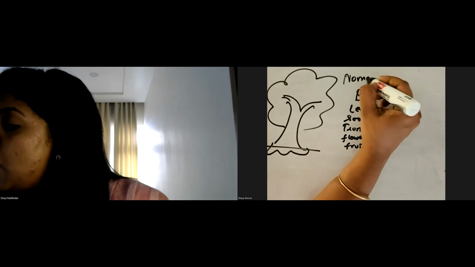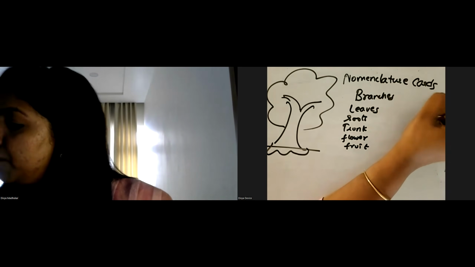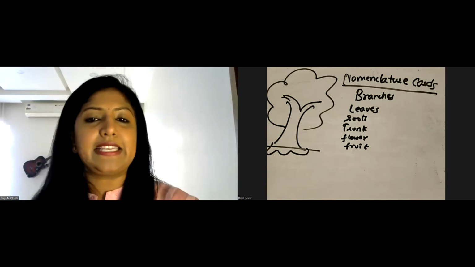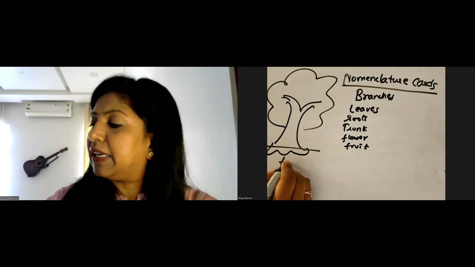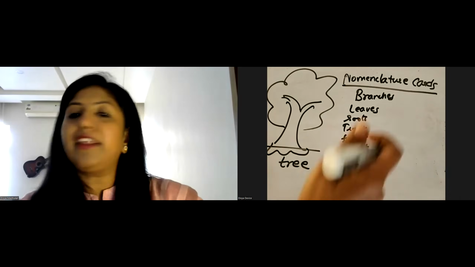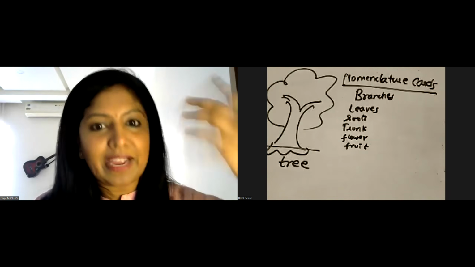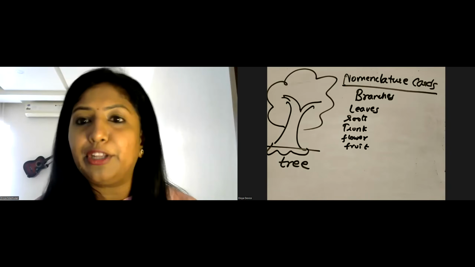I call this nomenclature cards. Whenever we work on nomenclature cards, it is helping me. Don't you think, instead of just being tree, I'm adding so many other words? Yes or no? So my vocabulary is also getting enriched. We're able to work on that vocabulary too, right?